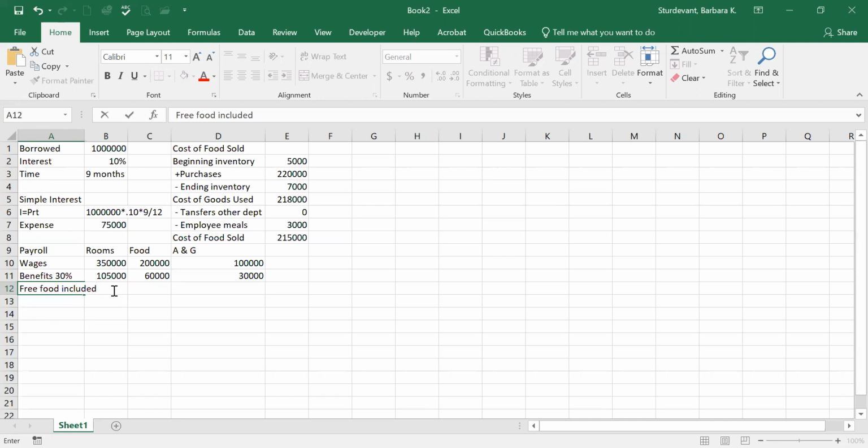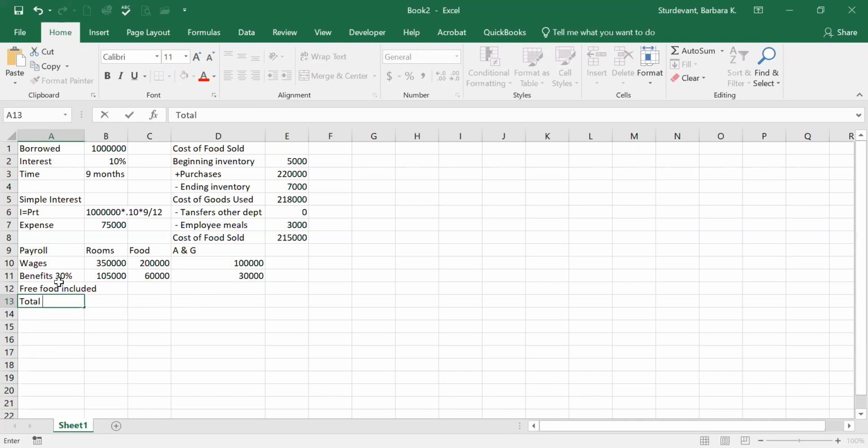If it tells you that the food is excluded, then we would have to add 2,000 to the food department and 1,000 to A&G, because that's who got the meals. So you have to watch for included, excluded. Included means we're done. Excluded means you put in the food here. And we'll be doing the problems both ways.